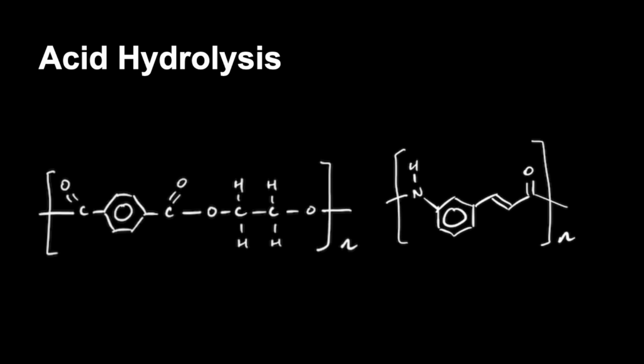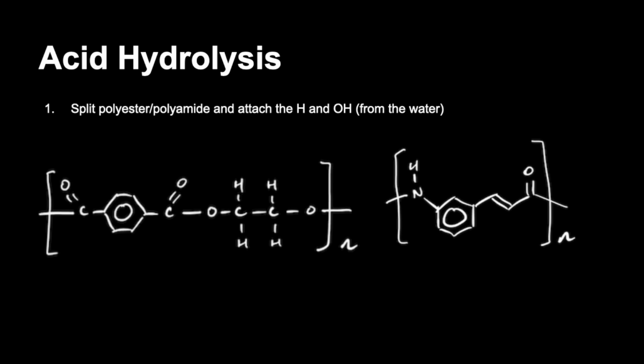So the next thing we'll look at is the hydrolysis reactions of these esters. There's acid hydrolysis and alkaline hydrolysis. Starting with acid hydrolysis, what's going to happen is the linkage in the polyester or the polyamide, that one there, sorry, is going to be broken. The way I think about it is I split the polyester or the polyamide and attach the H and the OH from the water molecules.